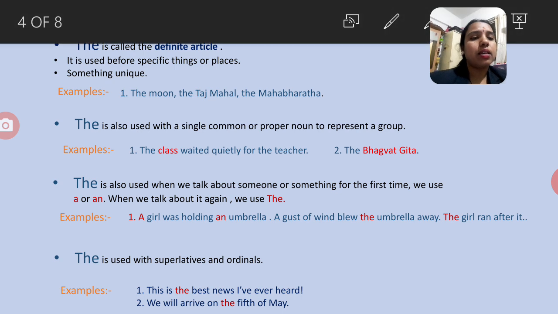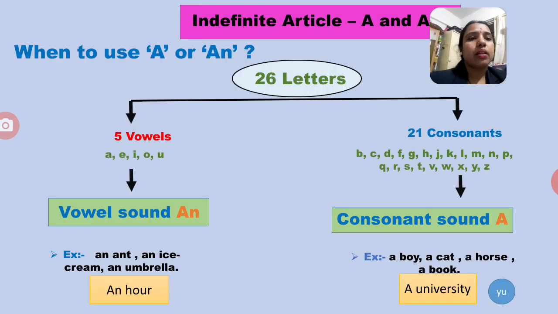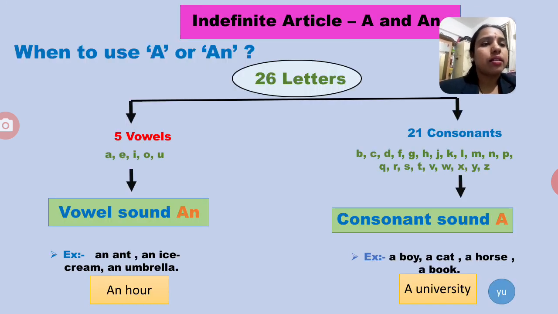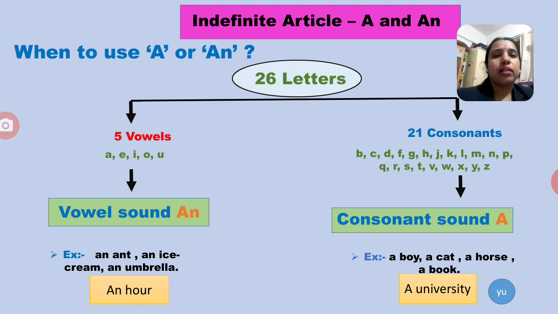Now we will see indefinite articles, that is a and an. When to use a or an, we will see. So basically we have 26 letters in English. Out of that, 5 letters are vowels and 21 letters are consonants.